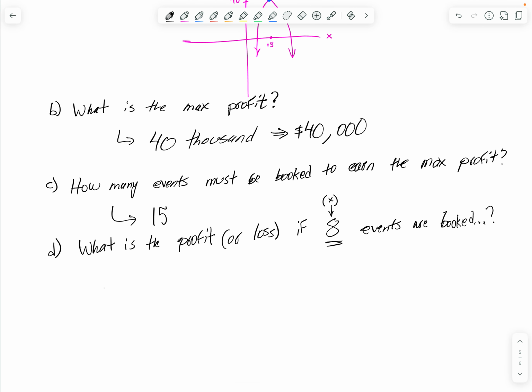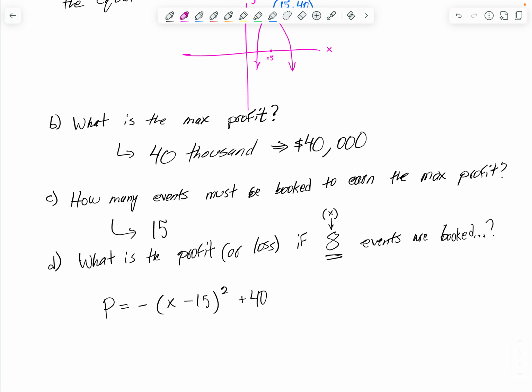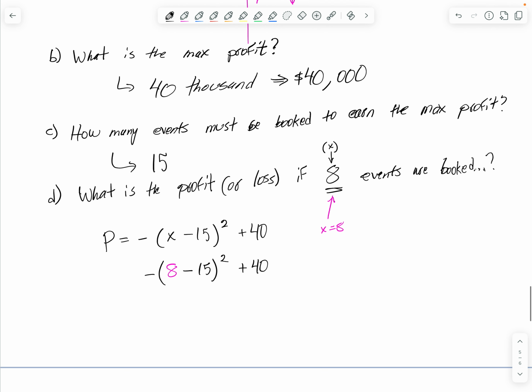So P is equal to negative (x minus 15) squared plus 40. Now I know my x. My x is equal to 8. So I'm going to replace x with 8 here, and I'm going to put negative, bracket 8 minus 15 bracket squared plus 40. Let's simplify this. I need to do the brackets first. So 8 minus 15 is negative 7, squared, plus 40.